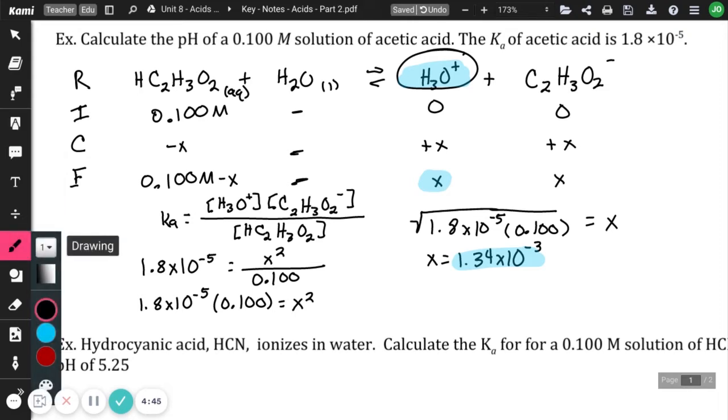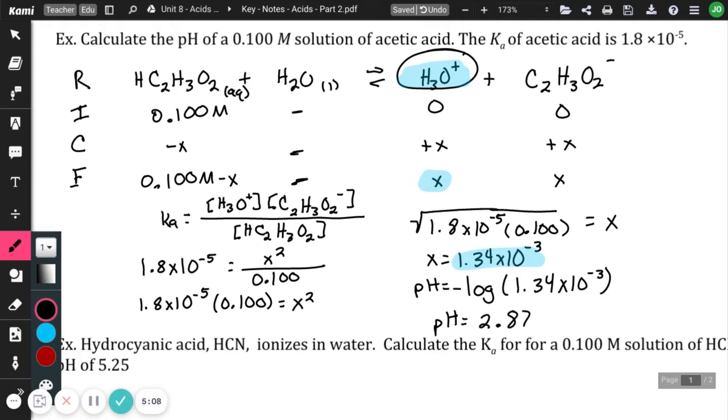So I know my concentration. To solve for my pH, I know that pH equals the negative log of my concentration, 1.34 times 10 to the negative 3. I plug that into my calculator, and I find that my pH equals 2.87. And then there would be my final answer.